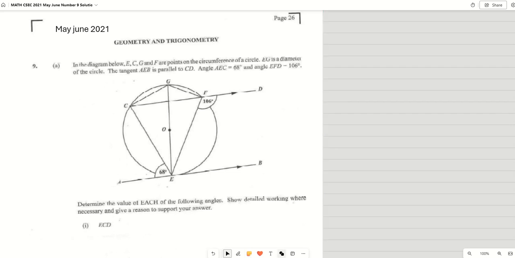Now, before we begin, let's talk about some of the things that we have viewed. The first thing is they told you in the question that EG is a diameter.